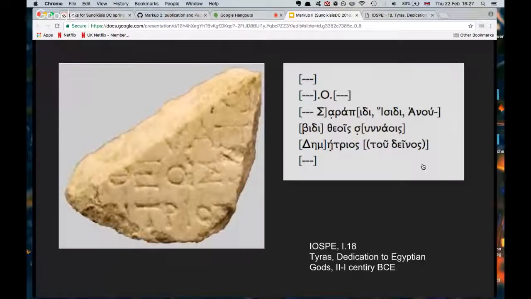So not really an abbreviation, but some kind of additional comment in a supplement saying the gap that we have here contained a part of a personal name. So that's quite interesting. So what do we do with this in EpiDoc?